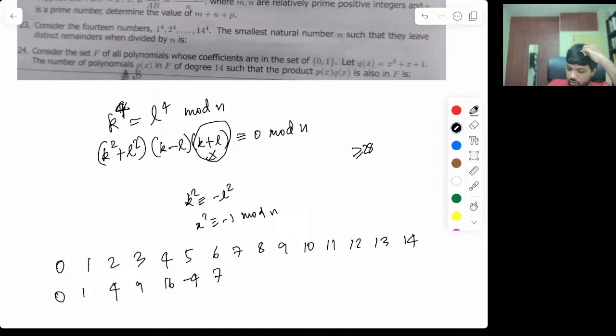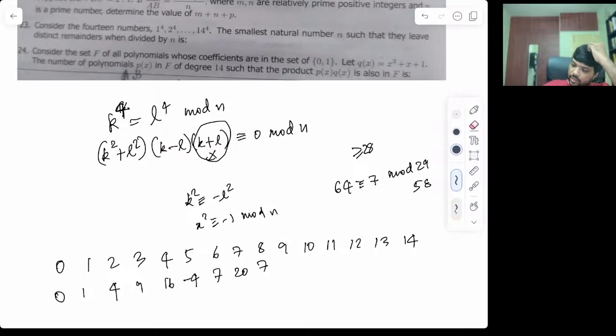So 7. 49 is 20 mod 29, and 64, 29 twos is how much? 58. 64 minus 58 is 6. Oops, why am I getting it wrong? How much is 64 mod 29? 29 twos is 58. Okay, 58 and 6.